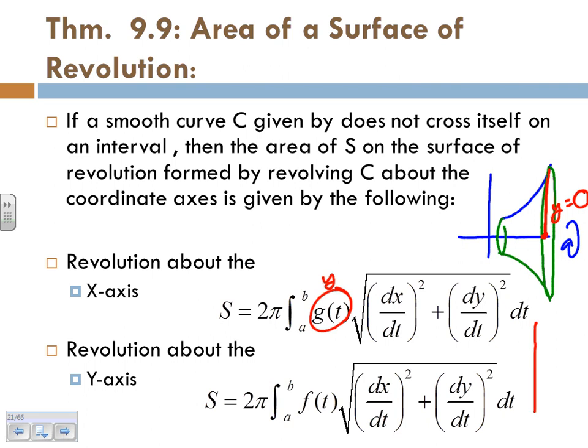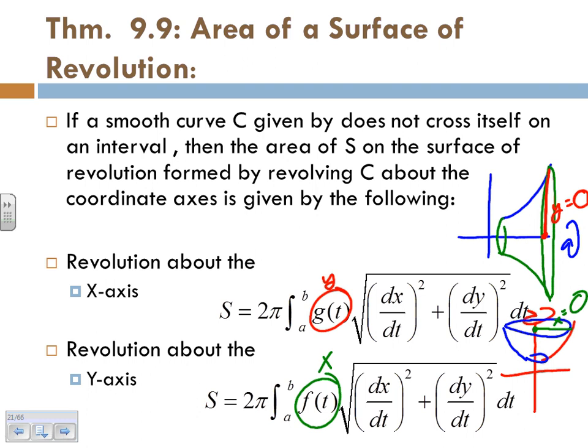If I took my arc length and revolved it around the y-axis, what is my radius now? That is an x. X equals whatever in terms of t. So now my radius is going to be x. Is that okay? So it's just remembering those formulas from when we learned them, now applying them to parametric.